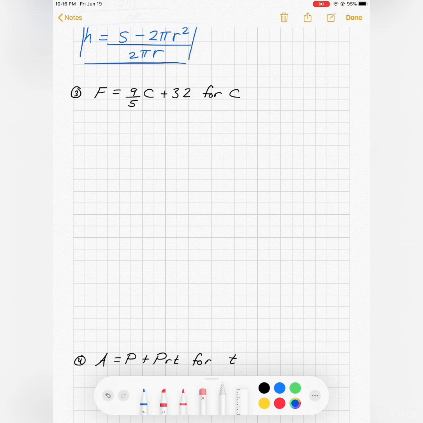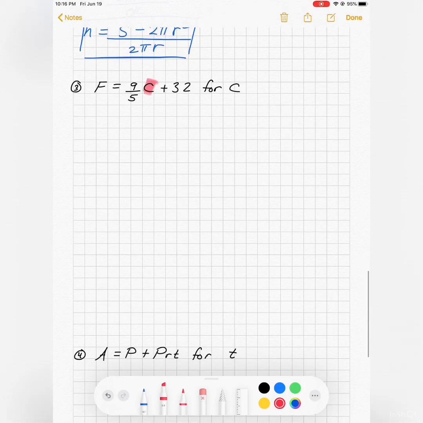So now we need to solve the equation F equals 9/5 C plus 32 for C. So this is the equation that gives us the degrees Fahrenheit if we know the degrees Celsius, right? So we're going to use this to solve for degrees Celsius. So I'm trying to isolate the variable C. So I'd start with what's on the outside here.